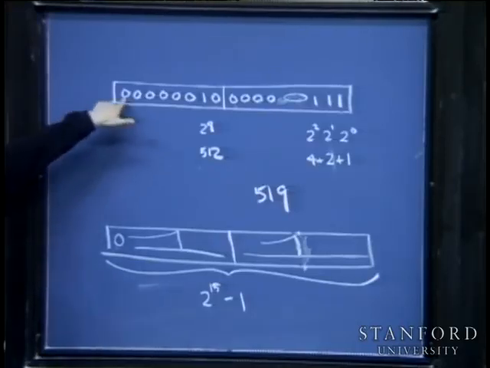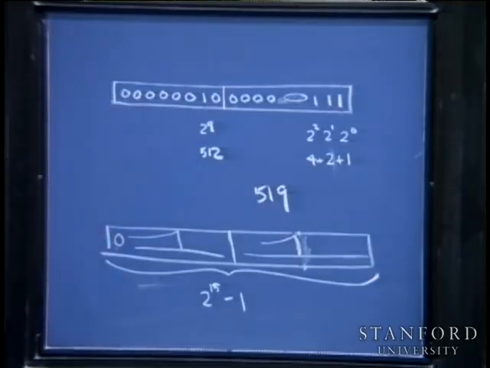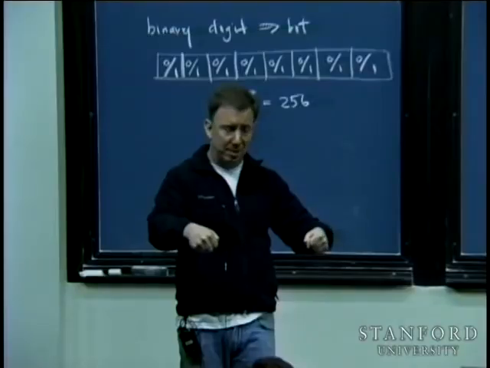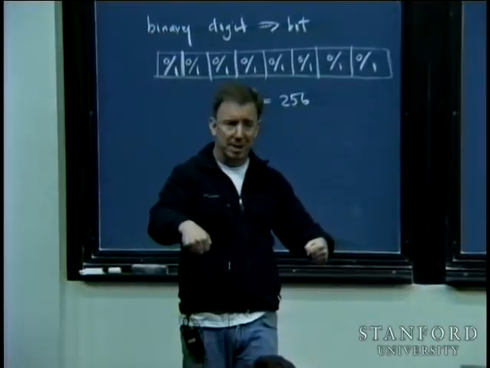There is a little bit to be said about this bit right here. If I wanted to represent the numbers 0 through 2 to the 16 minus 1, I could do that. Okay, that's 2 to the 16th different values. I don't want to say that negative numbers are as common as positive numbers, but they're not so uncommon that we don't want to have a contribution of the mapping to include negative numbers.